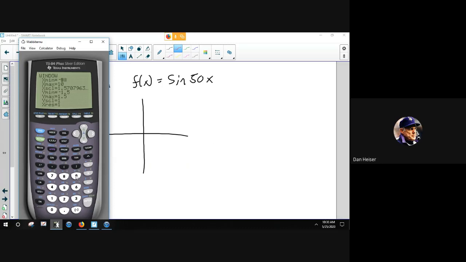How about negative 9, positive 9? That looks nice and artistic, but still worse. How about negative 6, positive 6?